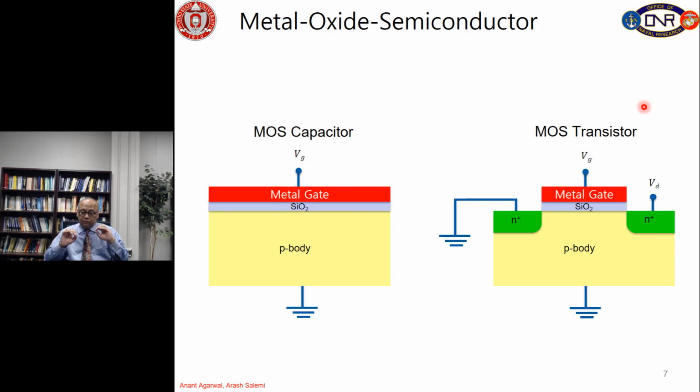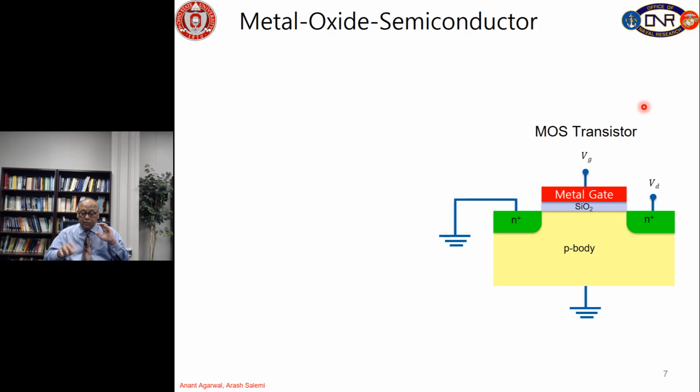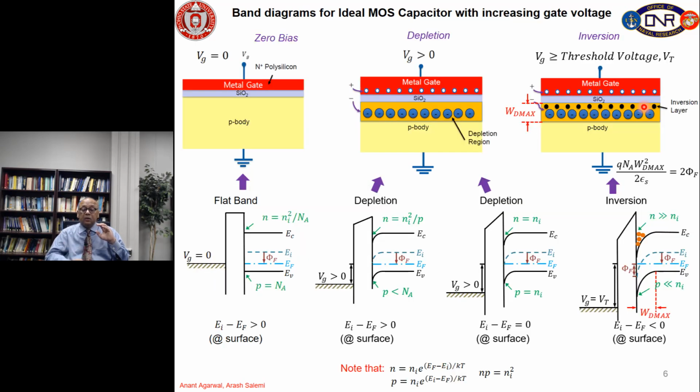If we apply a voltage which is less than the threshold voltage, then we have a depletion condition, we do not have the inversion layer. But if we apply enough voltage greater than the threshold voltage, then we have the inversion layer.